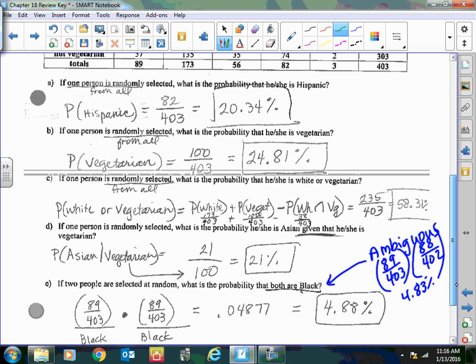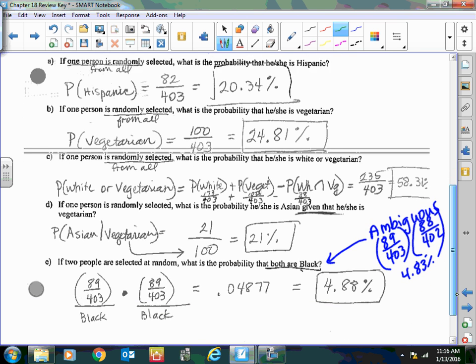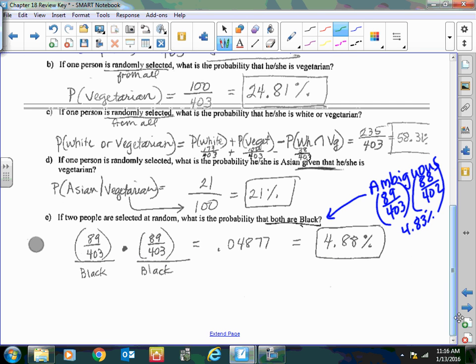All right, going on to this, I want to show you that this is also review and that I kind of have a debate on part E and then the one on the next page. I think the way it was worded was a little ambiguous. When you say you want both of them to be black, I guess that means you want 2 different people, one person and then another person to be black.